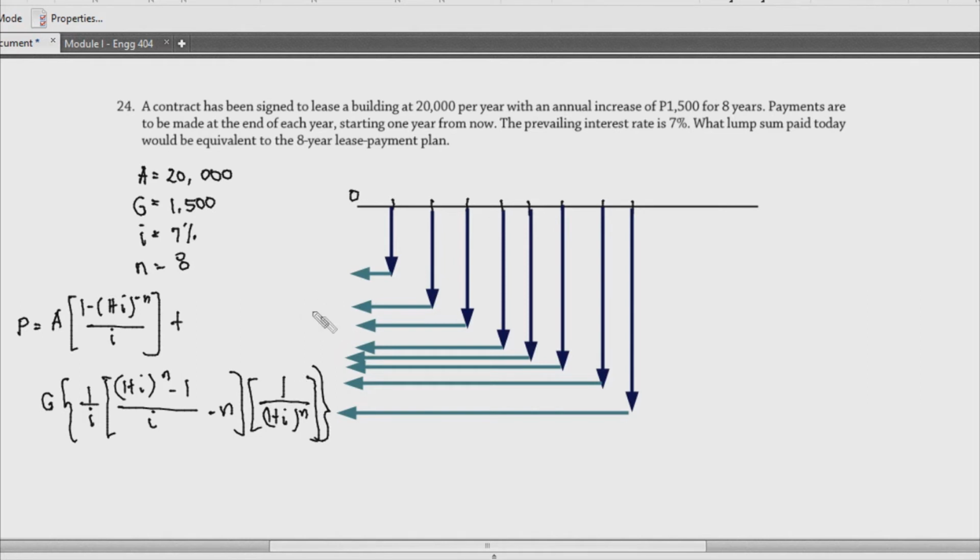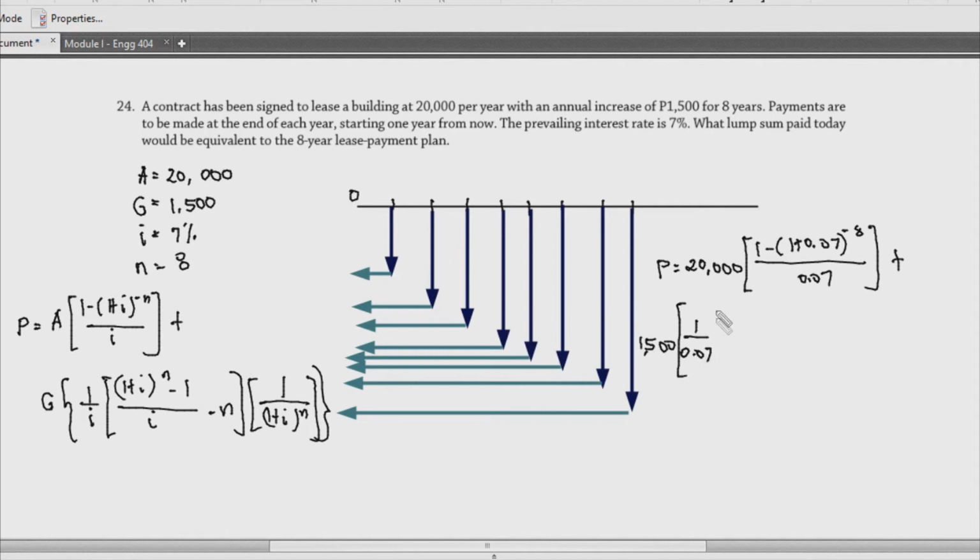So, let's substitute the values for this so we can now determine our P. Now, P is equal to 20,000. Let's start with our annuity. So, 1 minus 1 plus 0.07 raised to negative 8, correct? Negative 8 and then divided by 0.07. Okay? Then plus, G would be 1,500. You multiply this with 1 over 0.07.